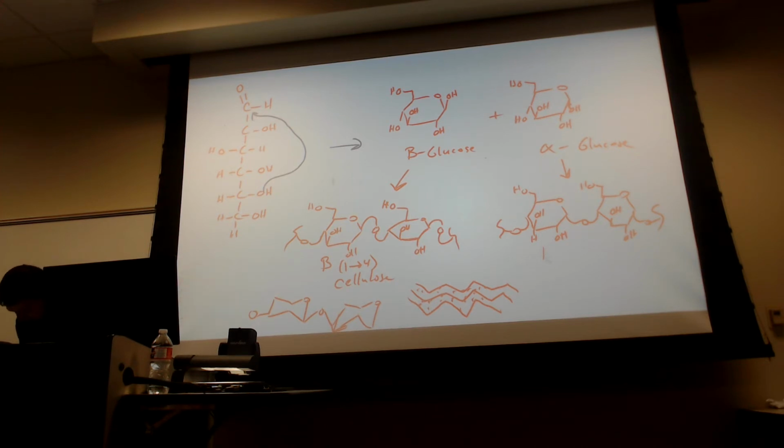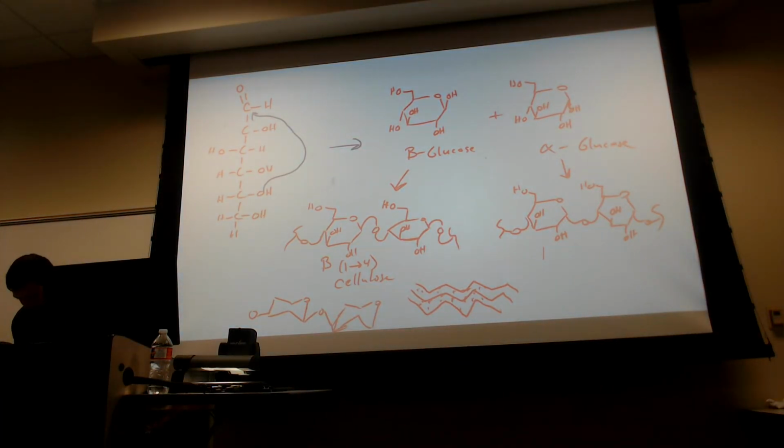Now, things like starch, for instance, have alpha 1,4 linkages. So we would say this is an alpha 1,4 linkage.